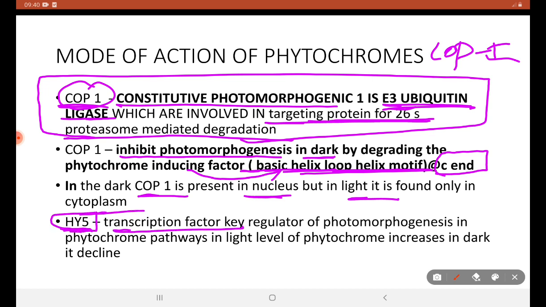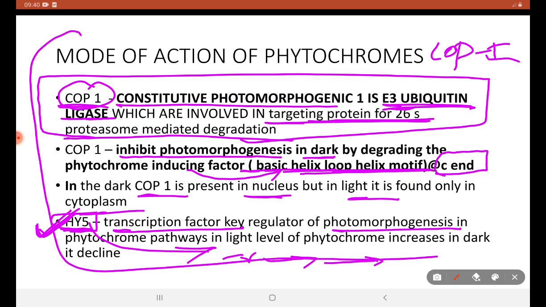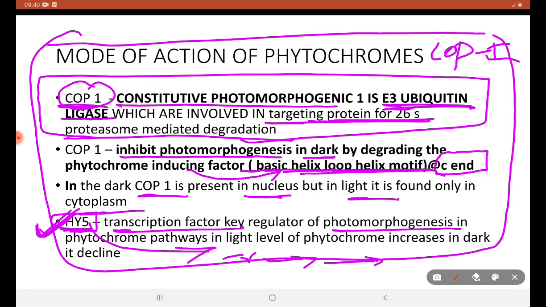HY5 is a transcription factor that regulates photomorphogenesis. If light is present, COP1 will move out into the cytoplasm and HY5 will undergo transcription and translation, leading to photomorphogenesis. These are the basic components of signaling in phytochrome.